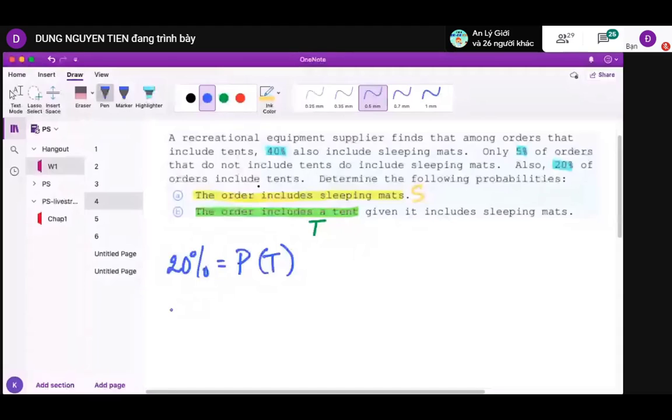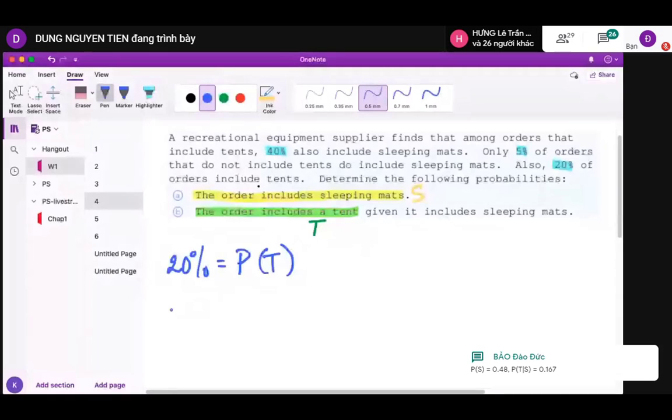Now I'm going to construct a probability tree to describe the problem. You get T here and then T bar. The probability that you have a tent is 20% and 0.8 for T bar.